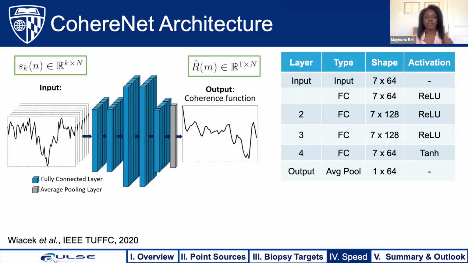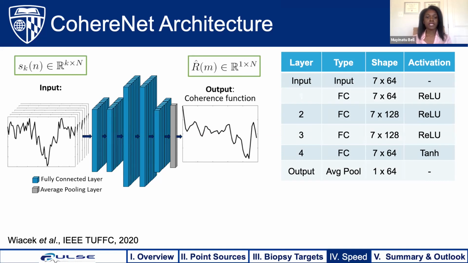So we retain the 7-pixel size of the axial kernel until the end where we average it out through the average pooling process. And then we use the ReLU activation functions throughout until the final layer where we use a hyperbolic tangent to limit the network output between -1 and 1, similar to the mathematical cross-correlation function.